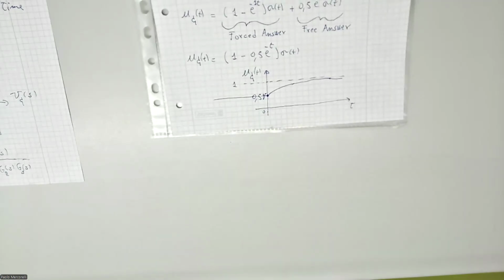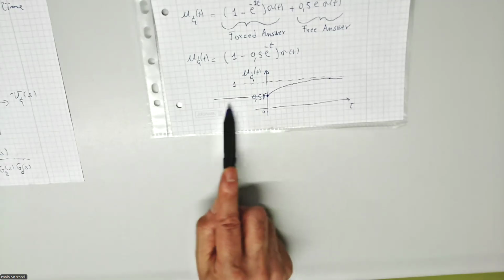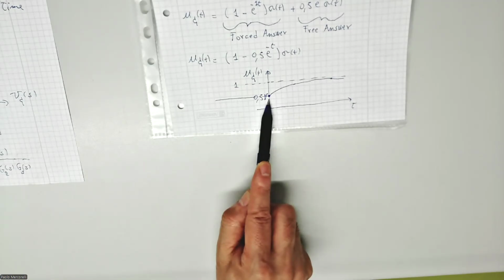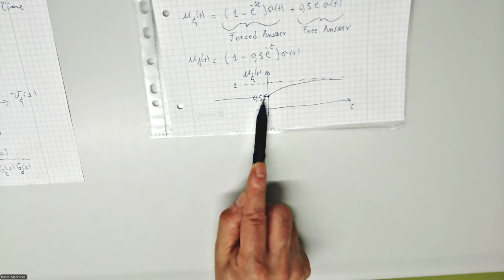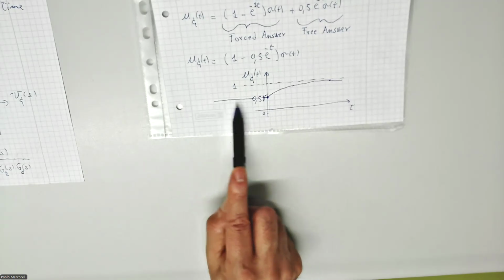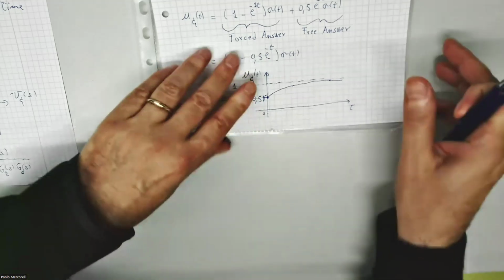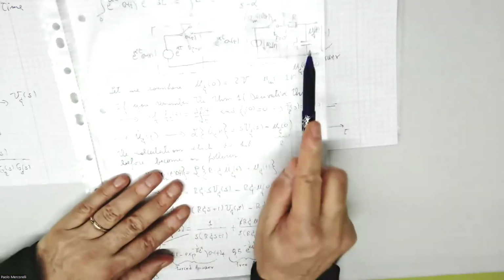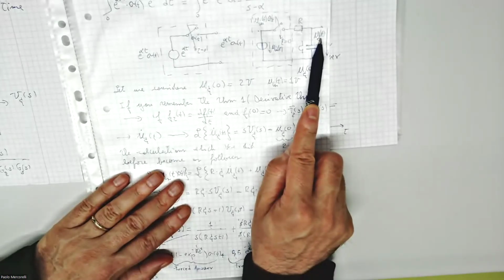I have just this information, and I can assume, but of course it's an assumption, that at time 0 minus, we have 0,5. No information about what happened before. I know just that at time 0, this is 0,5.